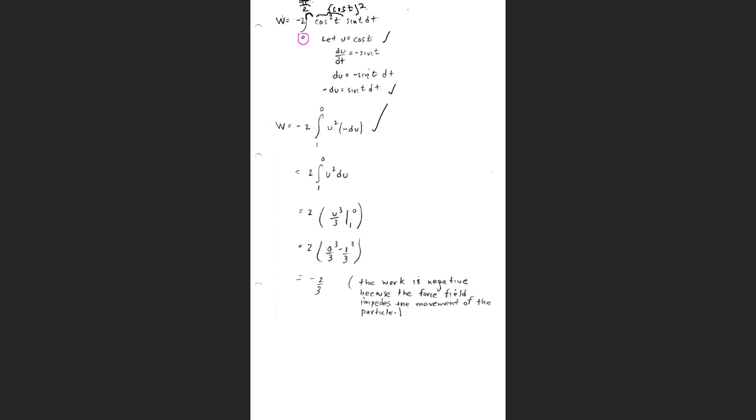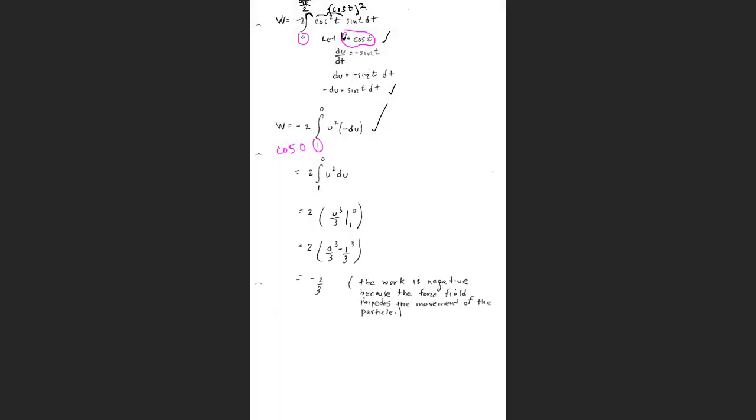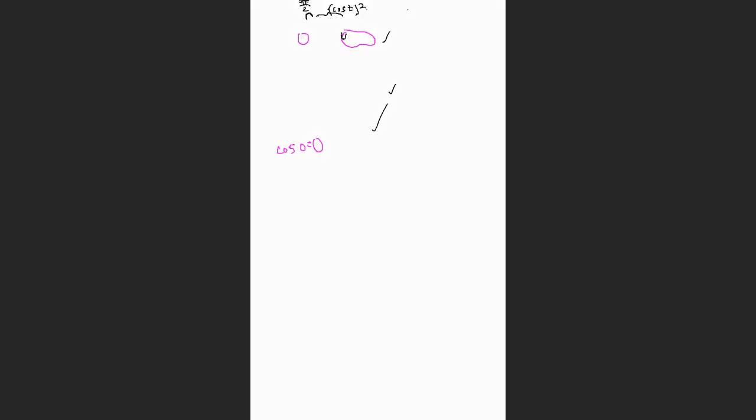The zero limit on the bottom, which is the t limit, well, since u is cosine of t, the cosine of 0 equals 1, right? And the top t limit was pi over 2, so the cosine of 90 degrees equals 0.